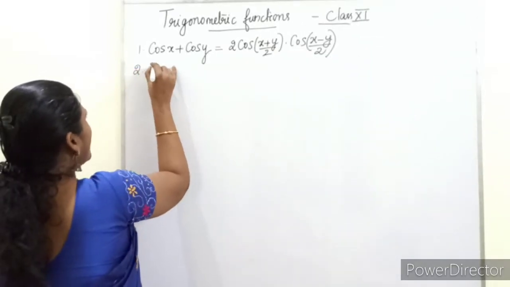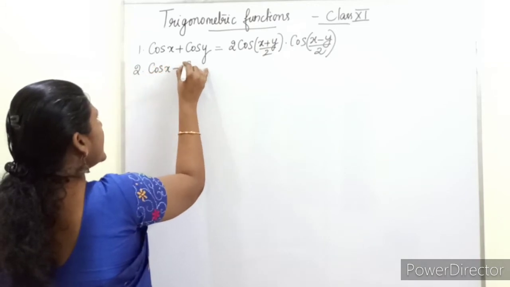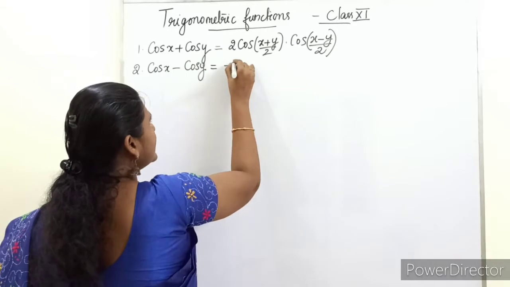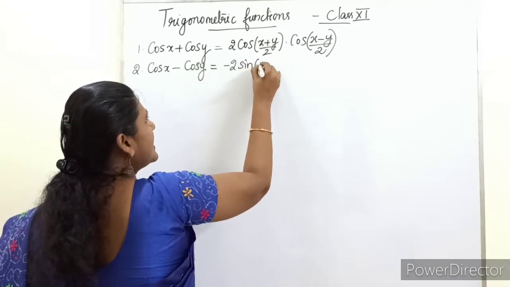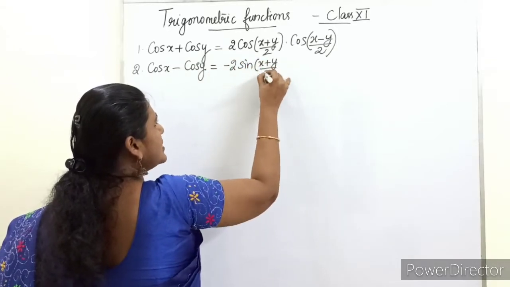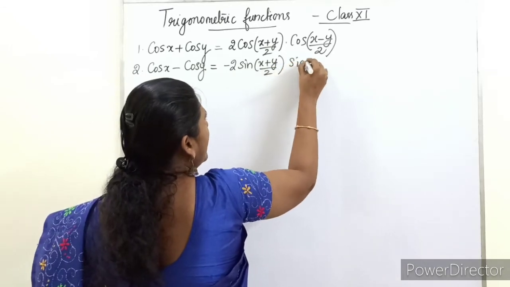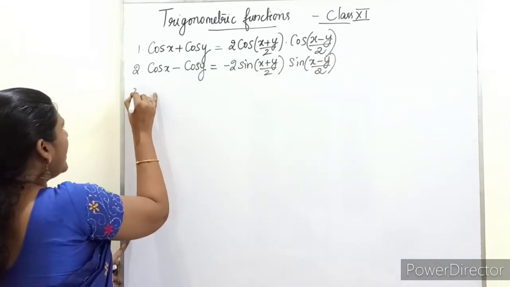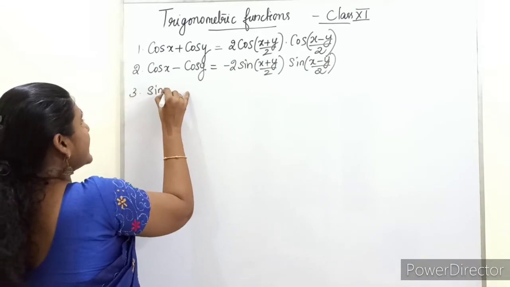Now the second formula is cos x minus cos y. So the cos x minus cos y formula is minus 2 sin (x plus y) by 2 into sin (x minus y) by 2. Similarly, you have the formula for sin x plus sin y.